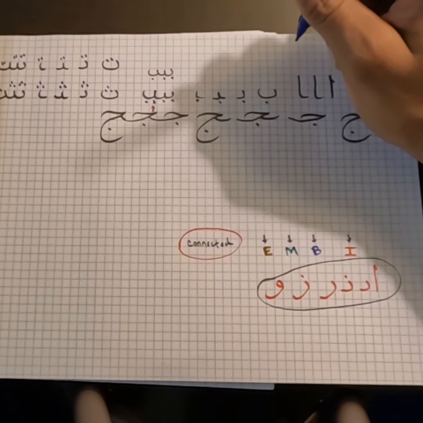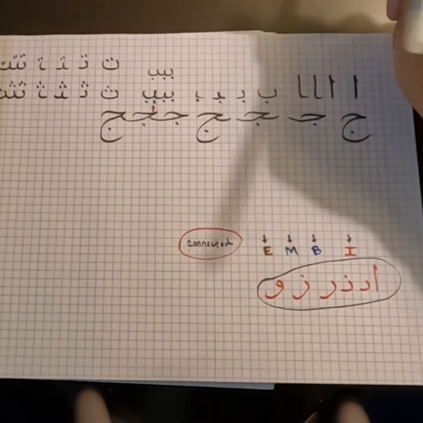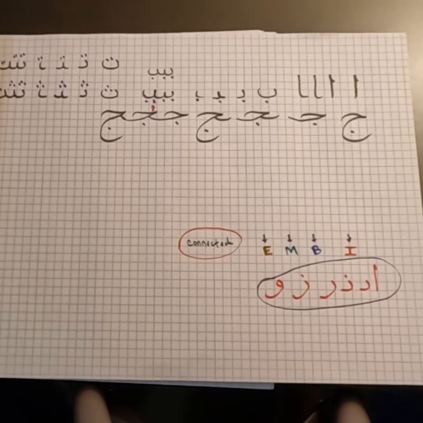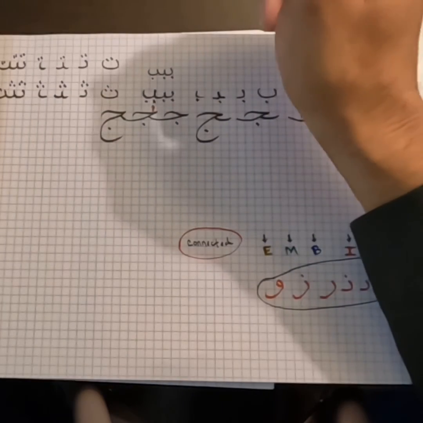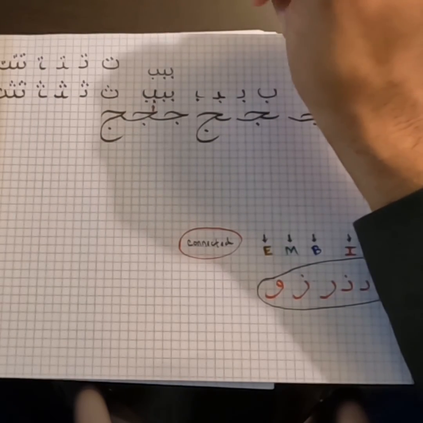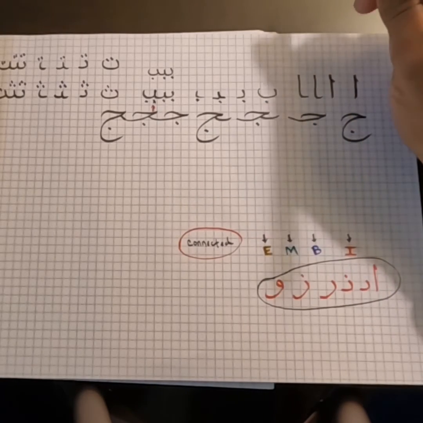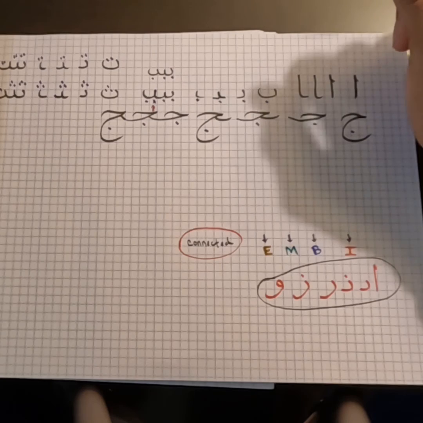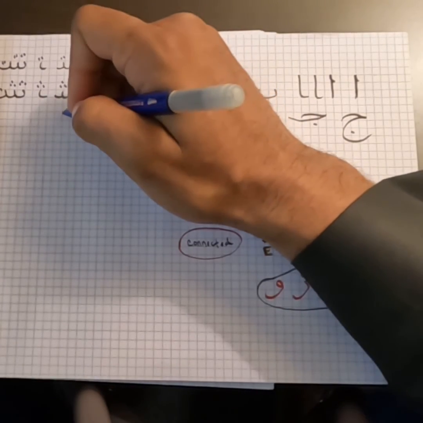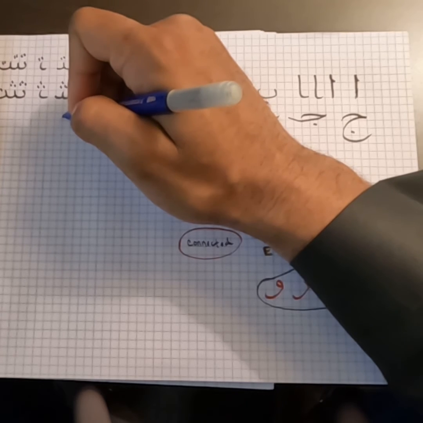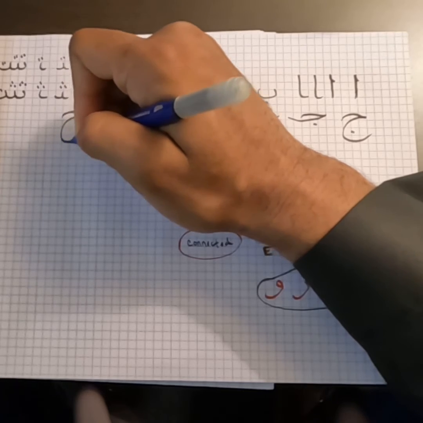And likewise, the ha and the kha, because they all take the same exact lines, the same form. It's the dots that differ. The ha has none, and the kha has one above. So just for practice's sake, I guess we can do that. So we have, let's go, ha.